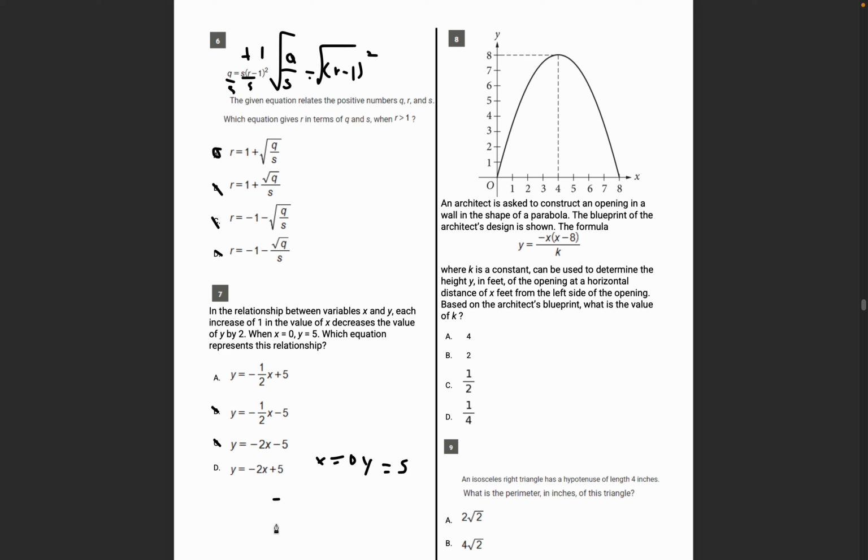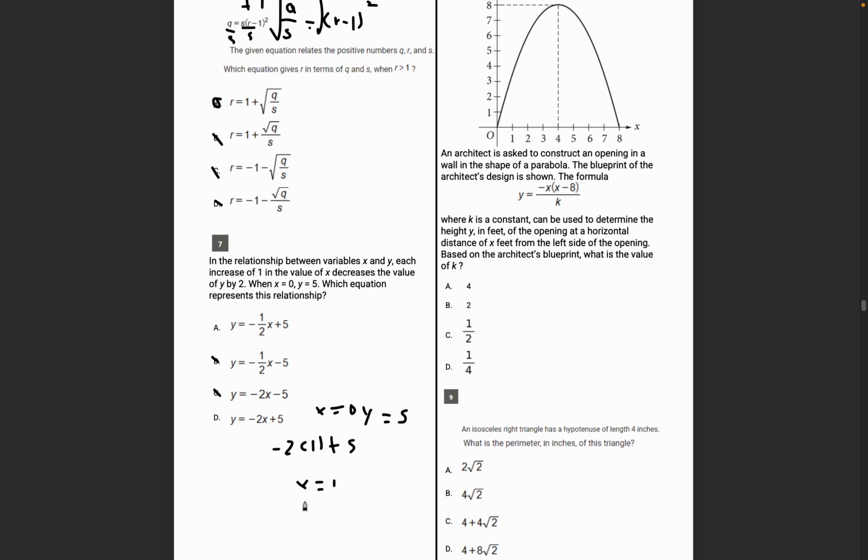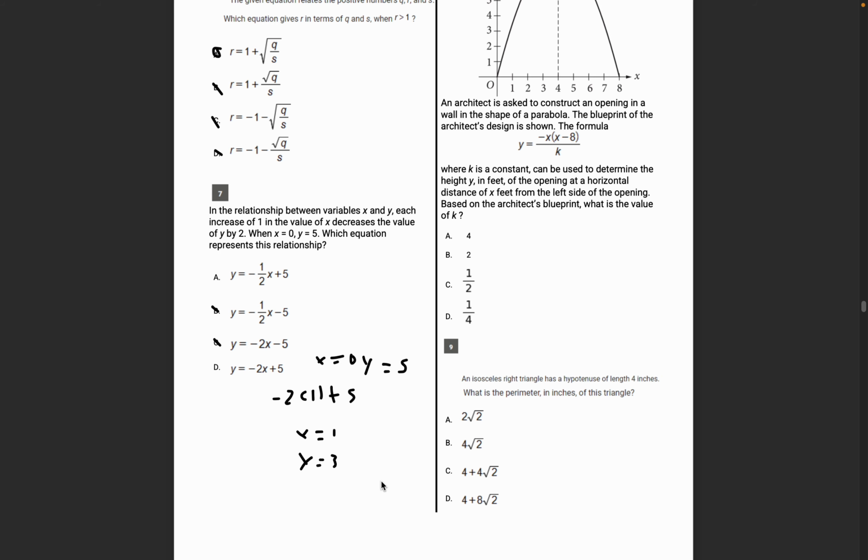So now when x equals 1, negative 2 times 1 plus 5, y equals negative 2 plus 5, which is 3. So did y decrease by 2? Yes, the value decreased by 2. So it's D.